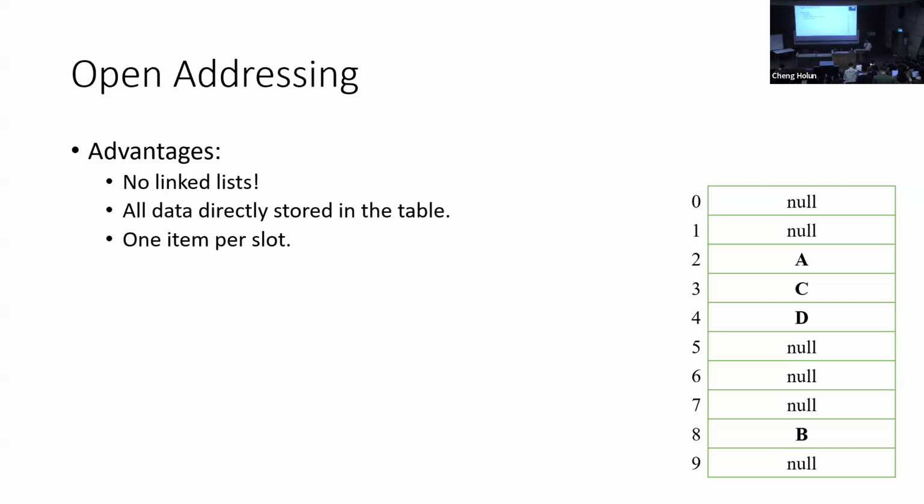Why? Because I don't need to do a linked list. Why is a linked list bad? First, it's very difficult to implement. Second, from an operating system or computer architecture point of view, a linked list is fragmented memory.